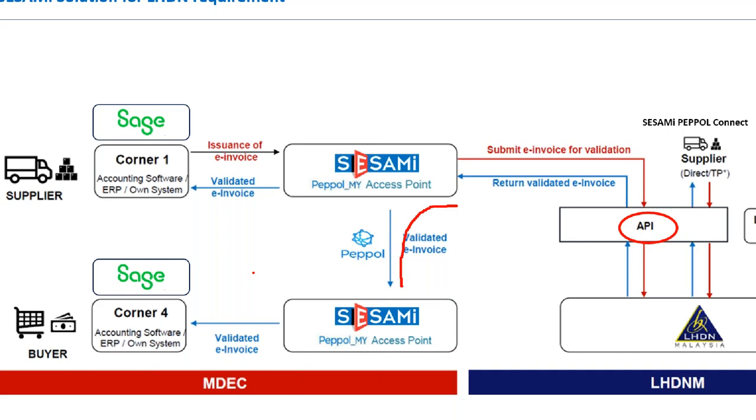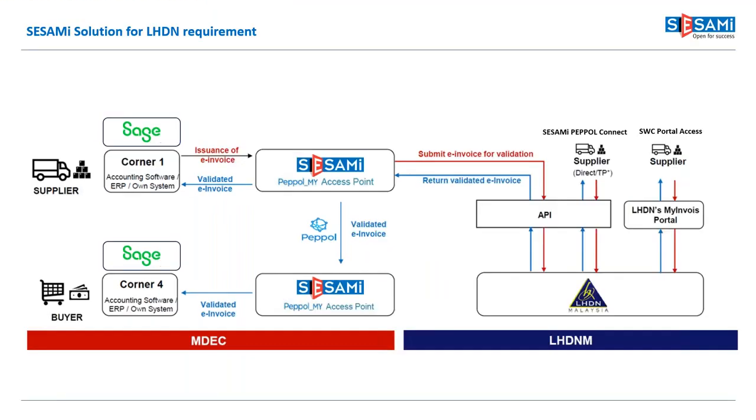Now, this illustrates what's called a 4-corner model, but really there's a fifth corner, a fifth player in here, and that is that intermediate piece, the Sesame access point for you to log in to view your documents that got sent to LHDN. So at a very high level, that's what happens on the Sage 300 side.